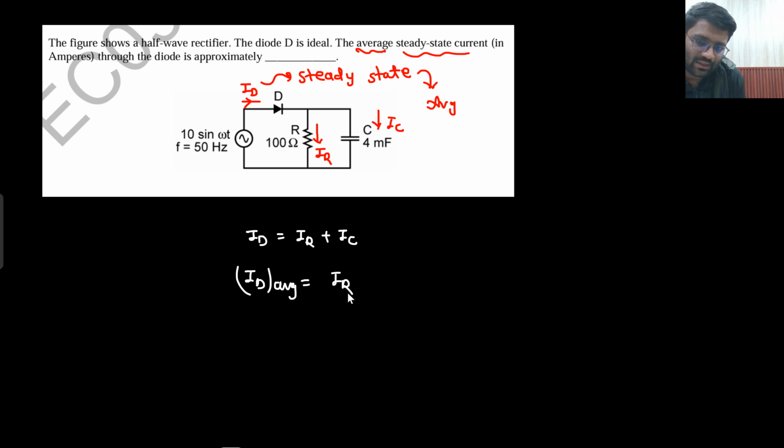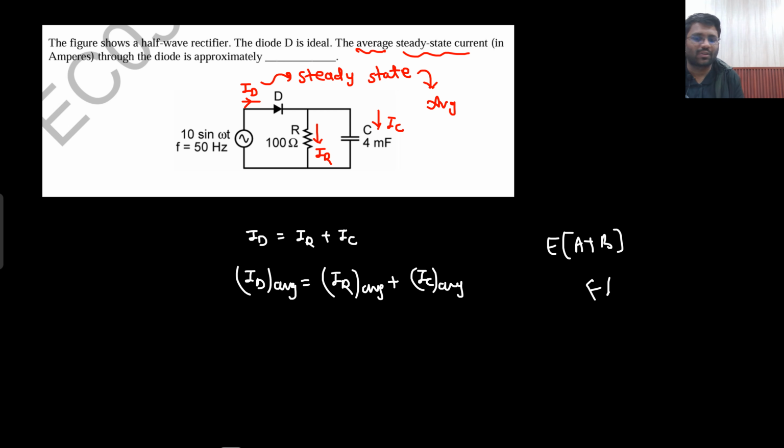In signals and systems we have studied that if two functions are added, you can surely take the average like this. Expectation operator: expectation of A plus B equals expectation of A plus expectation of B. So instead of finding the diode current, I would be commenting on the average value of the resistor current and the average value of the capacitor current. Understandable? Now what is the time constant here? What is the time constant of this particular circuit?